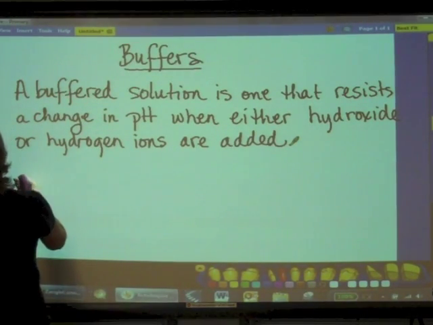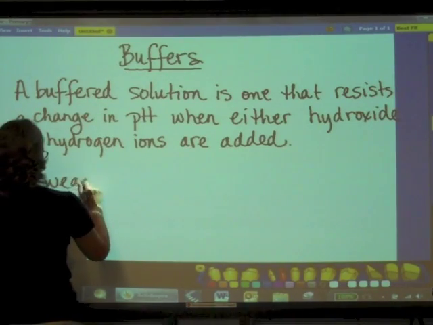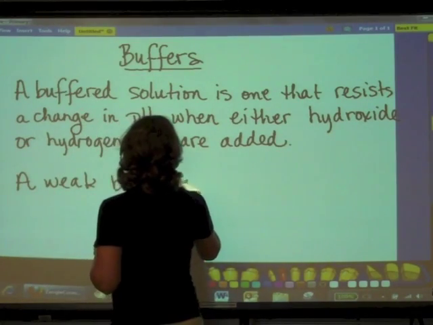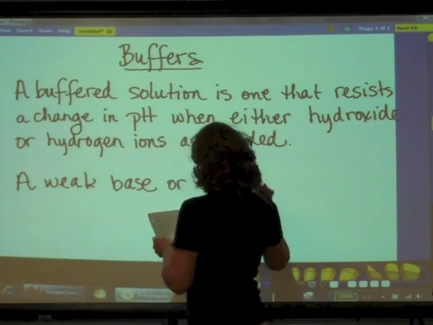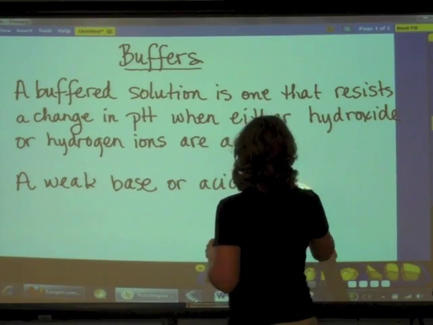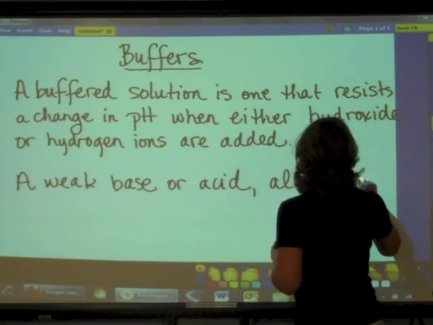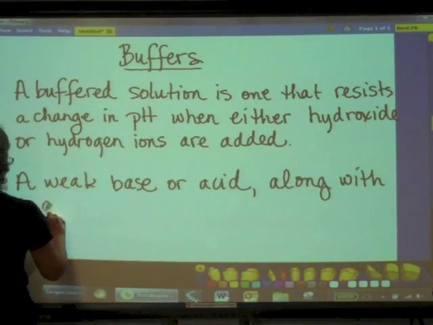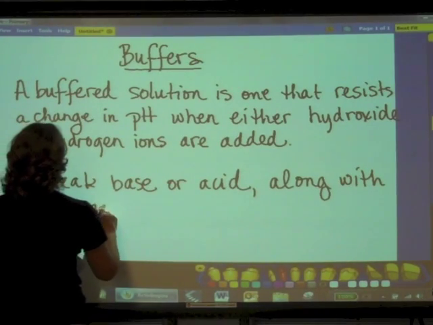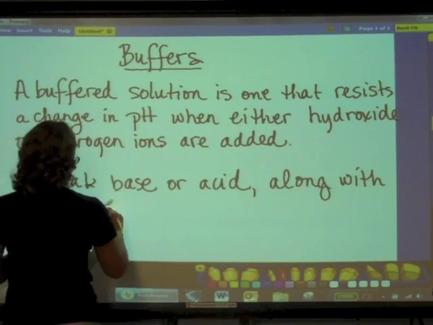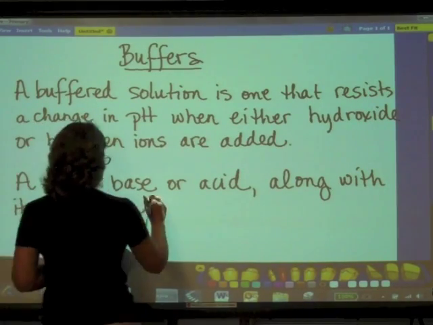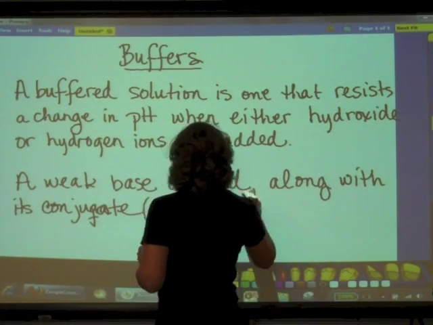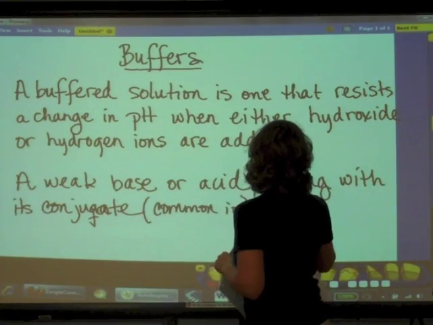A weak base or acid along with its conjugate, or common ion, can act as buffered solutions.